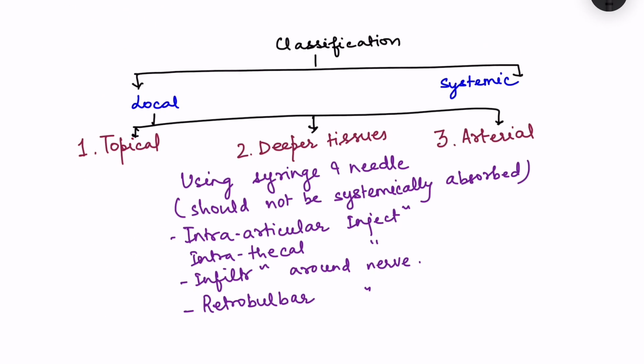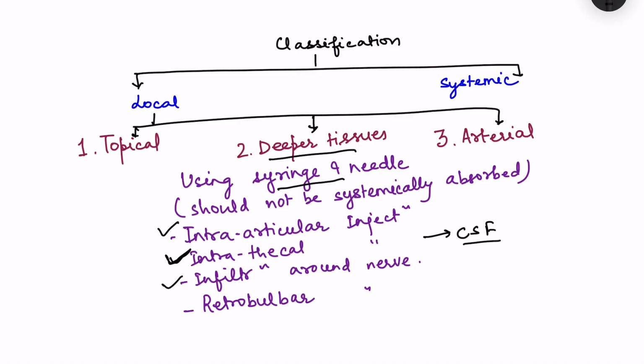Okay. Then we have deeper tissues. Here we are talking about deeper tissues, but remember again that it is not being absorbed into the circulation. In these deeper tissues, the drug can be given using syringe and needle, and it can be injected into the joints, that is intra-articular injection. Into the subarachnoid space it can be injected, so it will go into the CSF, again not into the circulation.